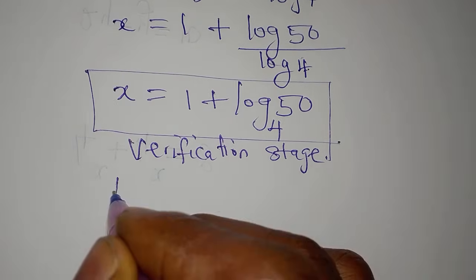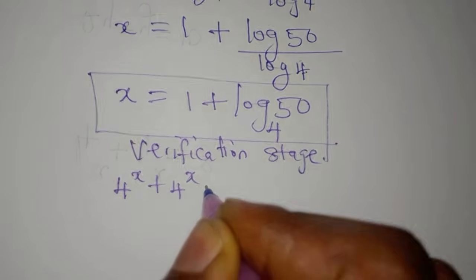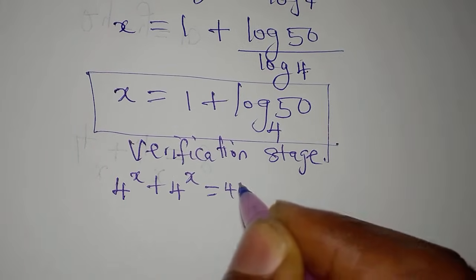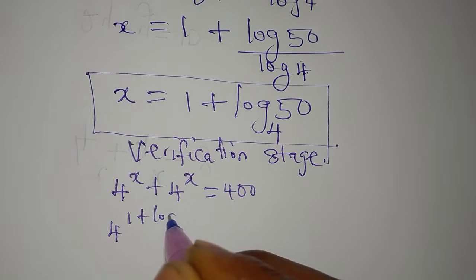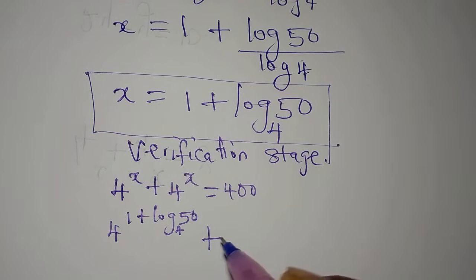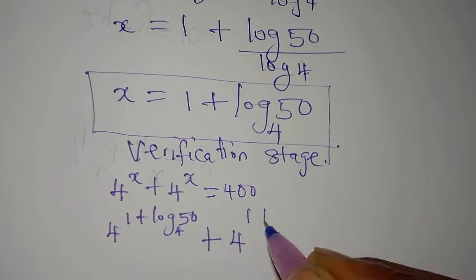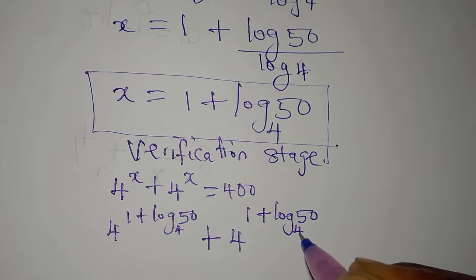Now we have 4 to the power of x plus 4 to the power of x equals 400. Now this is 4 to the power of 1 plus log 50 to base 4. Then I have the same thing again, 4 to the power of 1 plus log 50 to base 4.